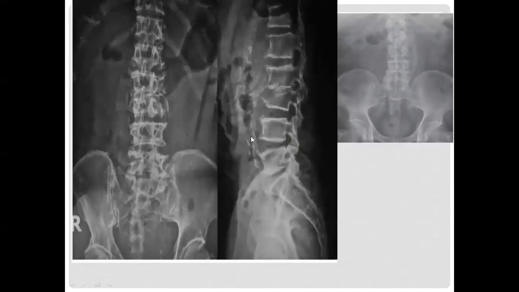On the lateral side, if you see this lateral view, there is a destruction of the anterior and superior endplate of L3, while there is just abdominal aortic calcification with no significant or obvious paraspinal or soft tissue mass.